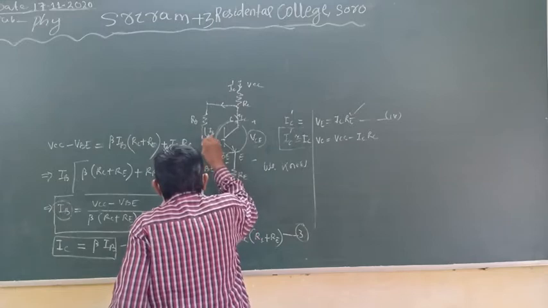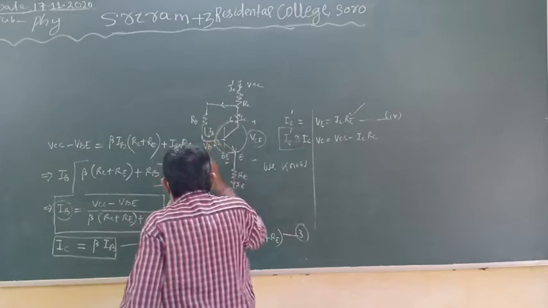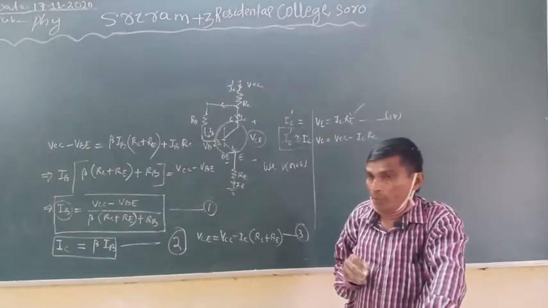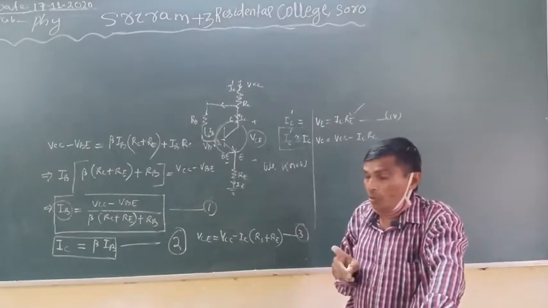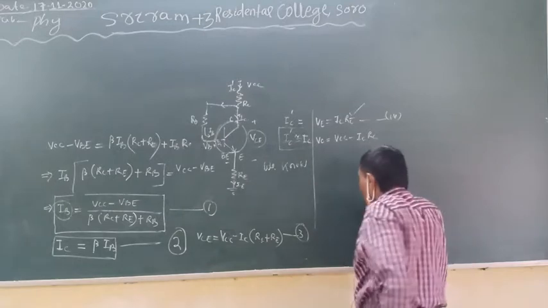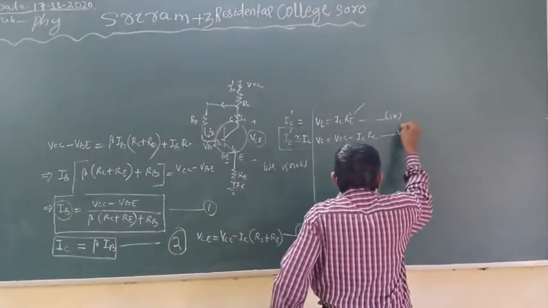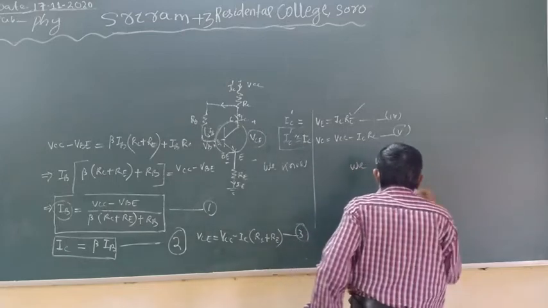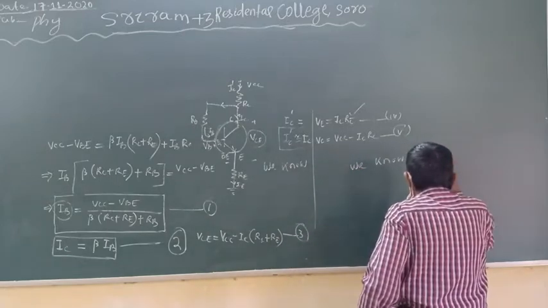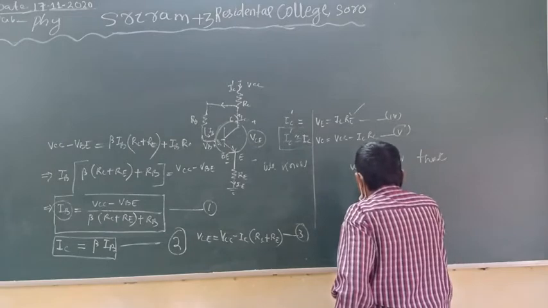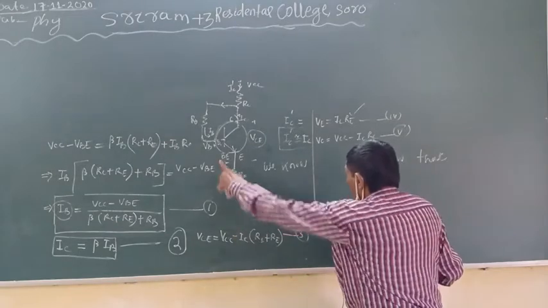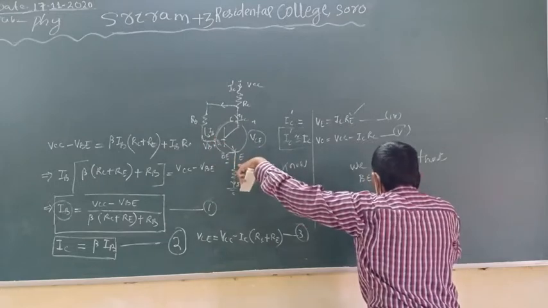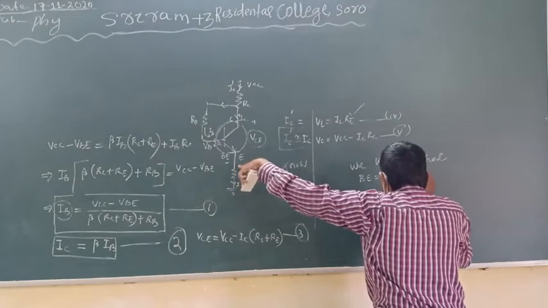Now we find the voltage at the base, VB. We know that VBE equal to VB minus VE.